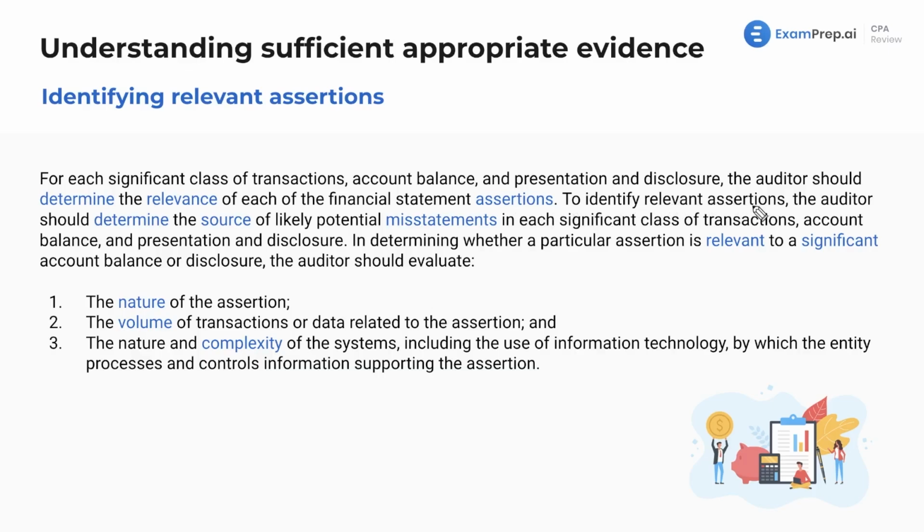To identify relevant assertions, the auditor should determine the source of likely potential misstatements in each significant class of transactions, account balance, and presentation and disclosure. In determining whether a particular assertion, whether it's existence, valuation, or accuracy, is relevant to cash, investments, or accounts receivable, the auditor should evaluate the nature of the assertion, the volume of transactions or data related to it, is it material, and lastly, the nature and complexity of the systems, including the use of IT, by which the entity processes and controls information supporting the assertion.